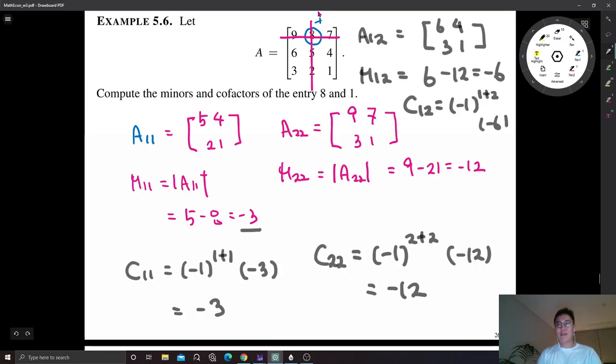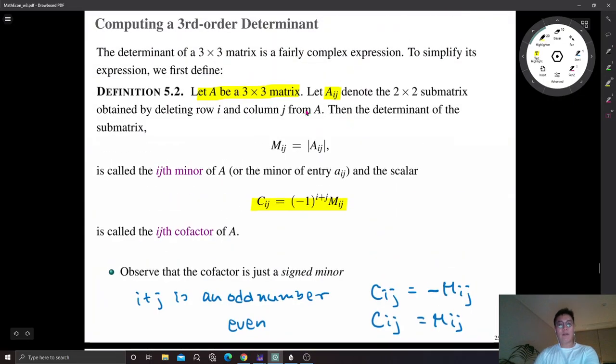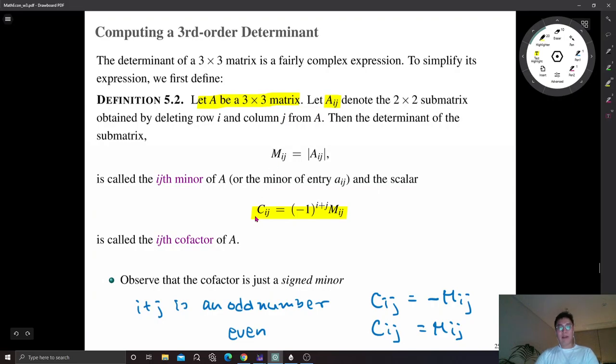Now the sum of the subscripts is an odd number, so the cofactor has a different sign, so it's going to be 6. All right. You can do one more exercise with the element 1. Then you need to eliminate this and this. So that's the way to compute minor and cofactor.